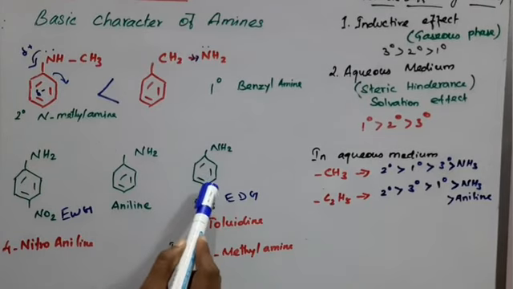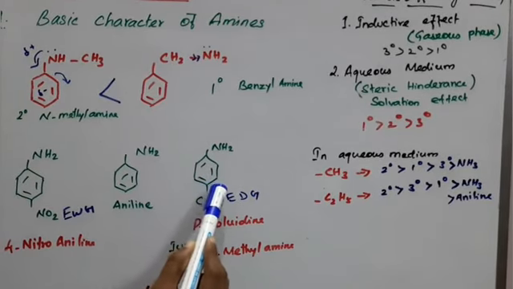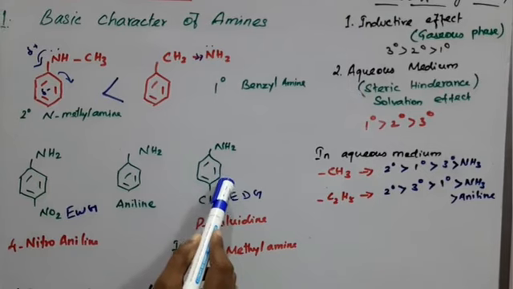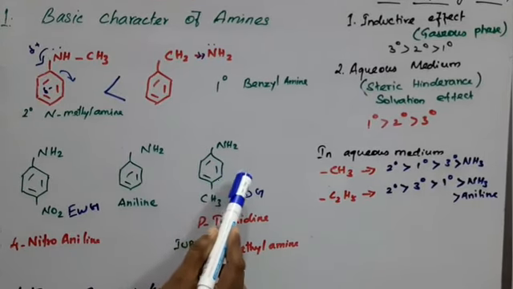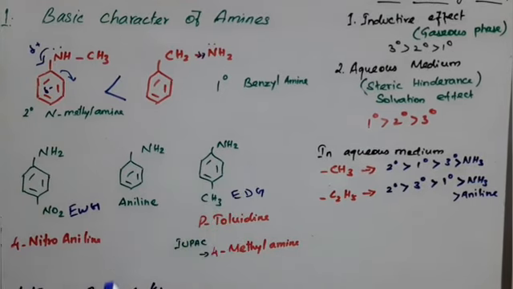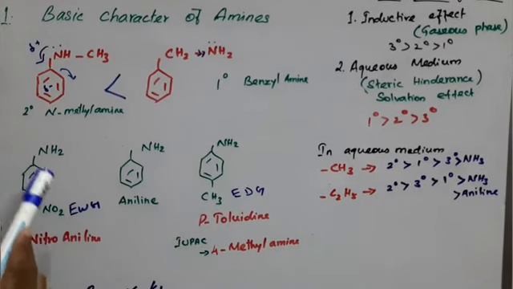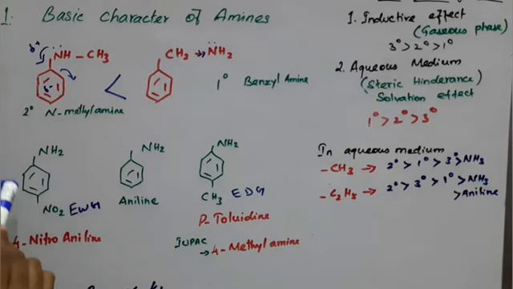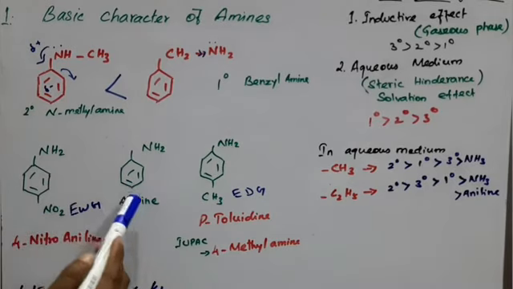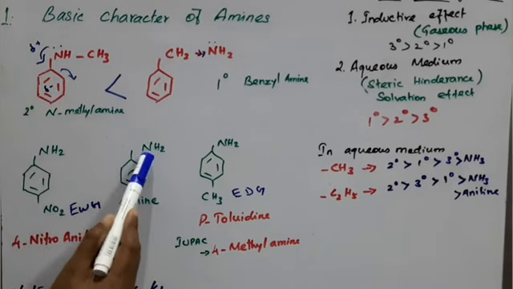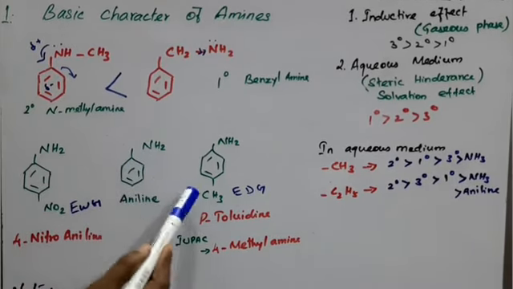So the availability of electrons is maximum, so the electron pair donor character decides the basic character. Here, with the electron withdrawing group, delocalization takes place and it undergoes a resonating structure, so there is no base character. When comparing these two, there is no electron withdrawing group, only an electron donating group.